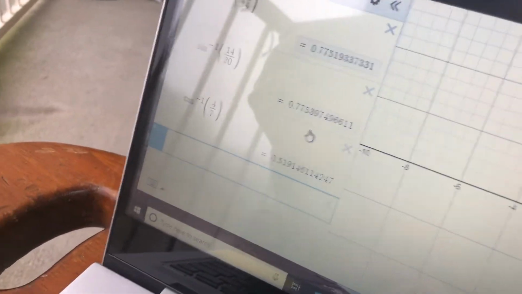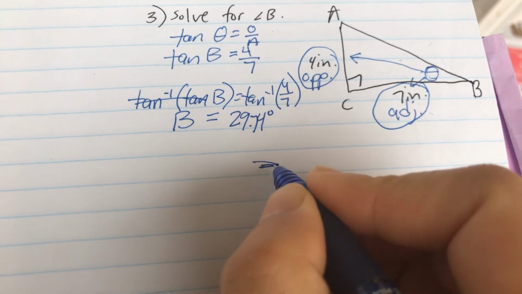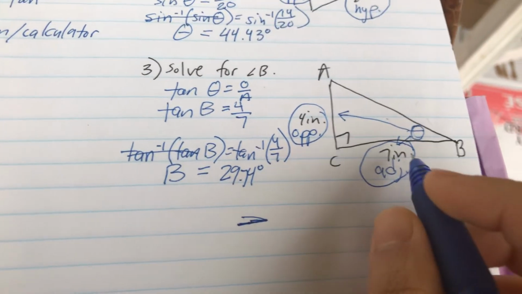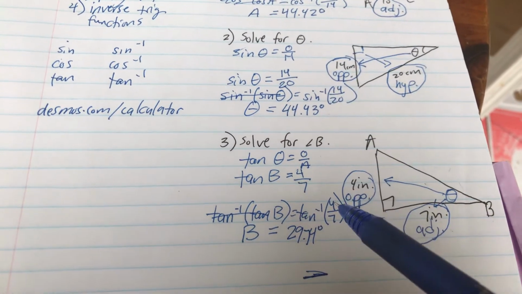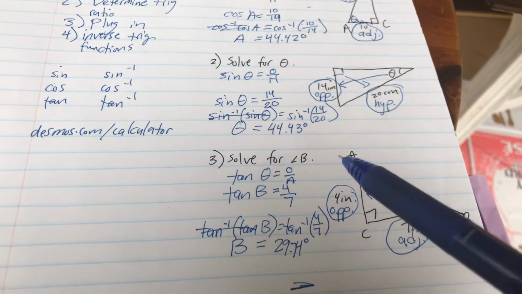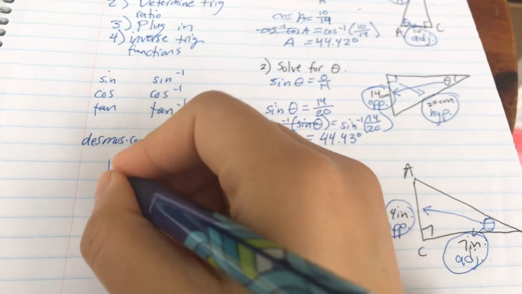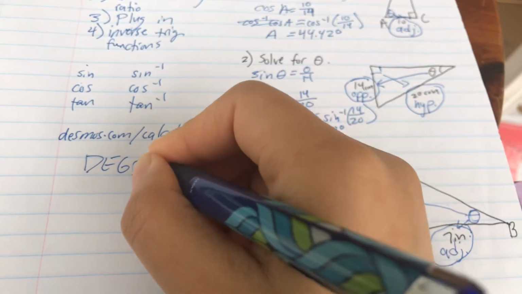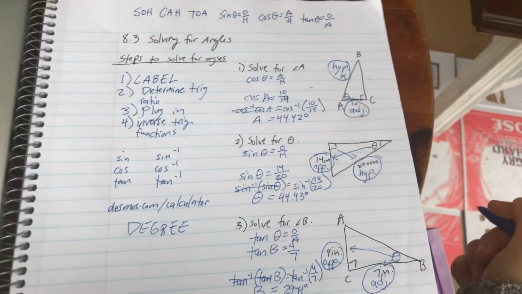We've never done a problem where we had that small of an angle. So make sure you're checking your answer to see if it makes sense. These are reasonable answers. If you get anything smaller than that, double check and make sure that your calculator is in degree mode. Alright, there you go.